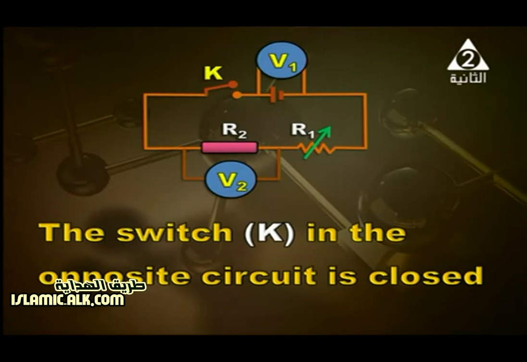V2 reads 0. So what will happen when closing? V1 will decrease. Instead of the EMF of the cell, it will be just the terminal voltage. And since current will flow, V2 will increase. V1 decreases, V2 increases.